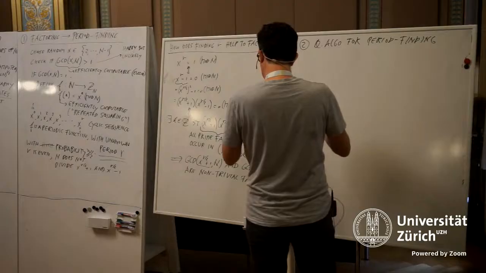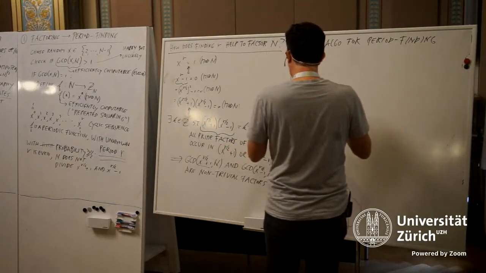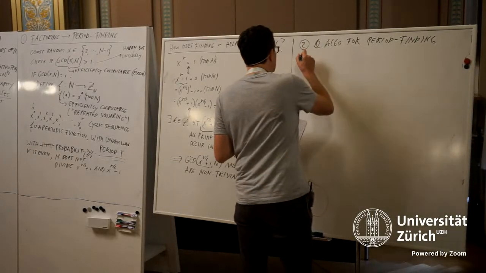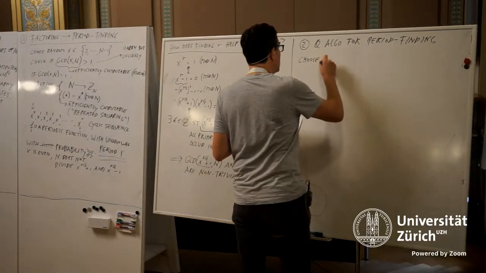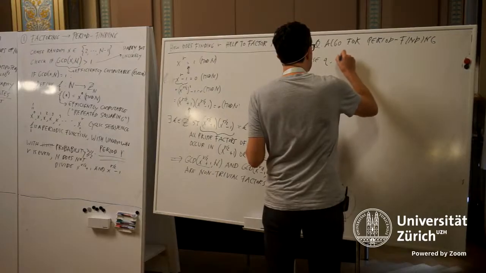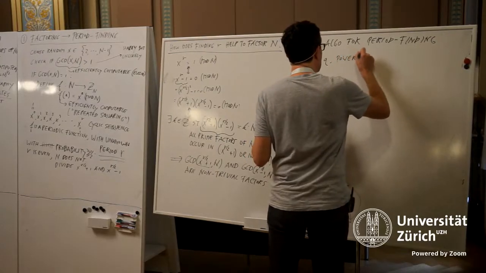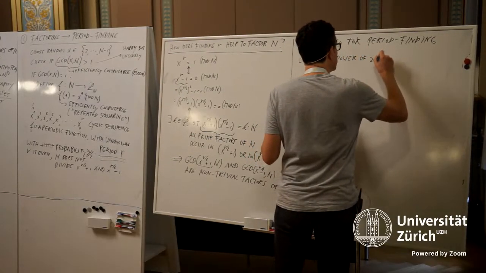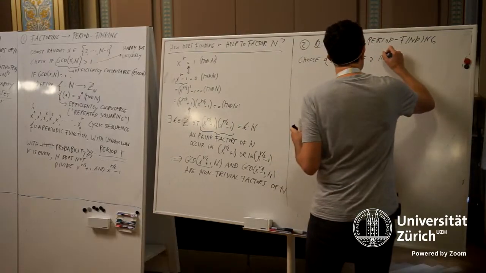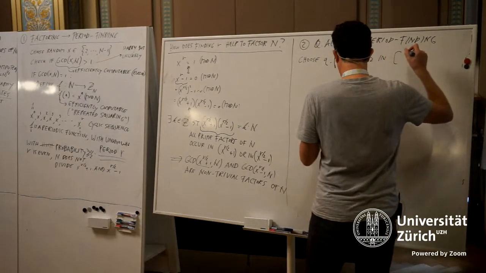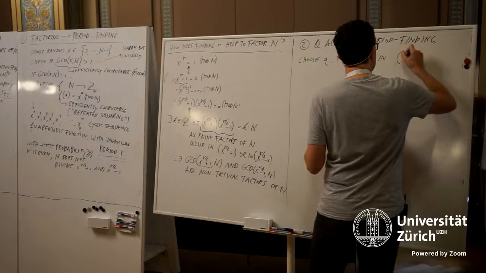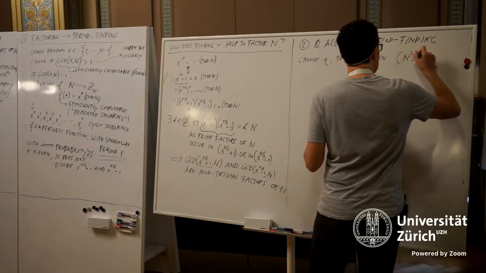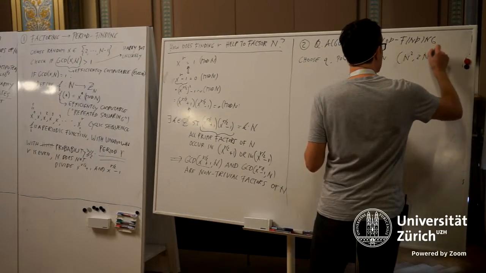Okay, so here's the circuit. So first I'm going to choose an integer q, which is a power of 2 in the interval between capital N squared and 2 capital N squared.